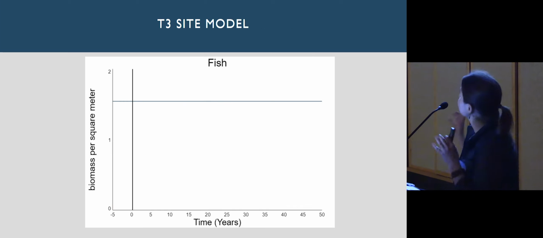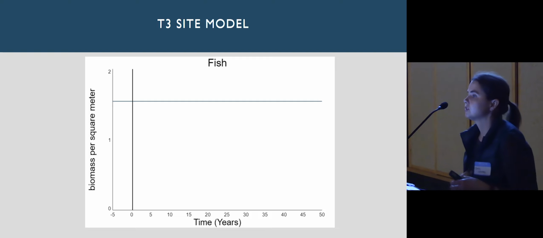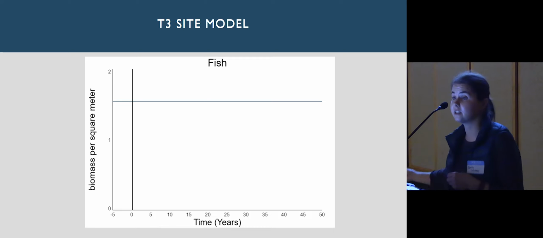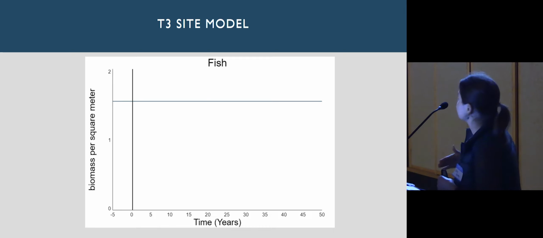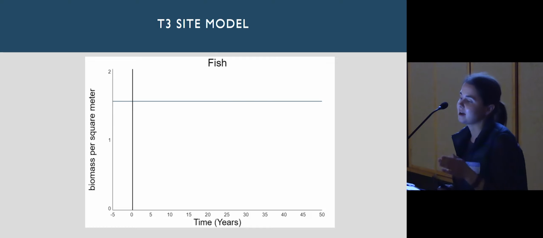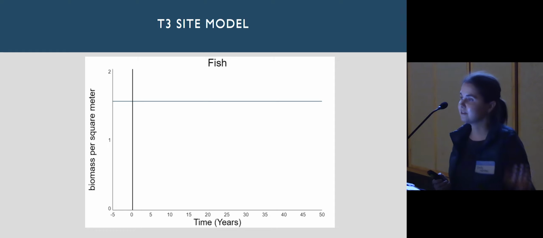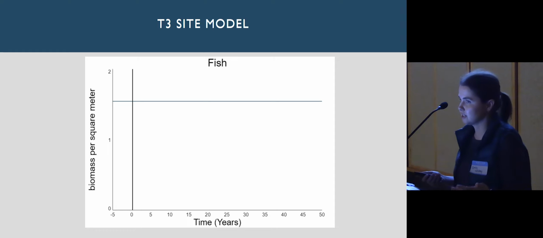All right, so another way to look at this data is to look over a longer scale. So now I still have time on my x-axis, but I'm running the model out for a whole 50 years. And here I've got time 0 marked by this vertical line, and that's the time at which these treatments are implemented. So the time to the left of that bar is essentially our pre-treatment conditions. Right now, I haven't changed any of these inputs in response to treatments.